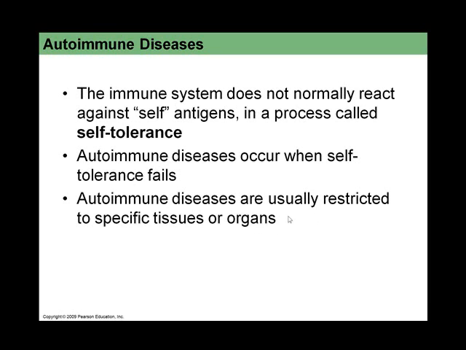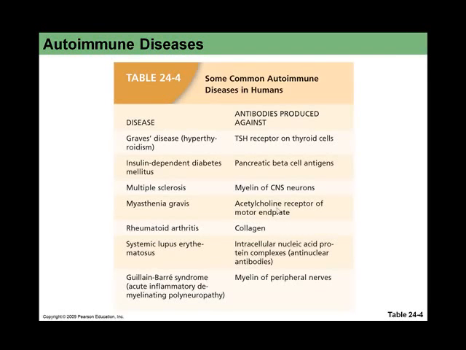We've talked about type 1 diabetes, and let's just look at the list here. Some of the common autoimmune diseases in humans: consider the disease on the left, and then the antibody targets on the right.